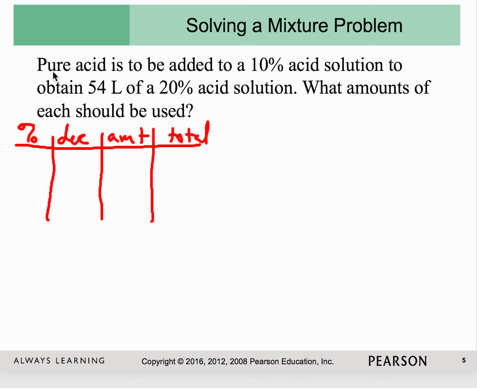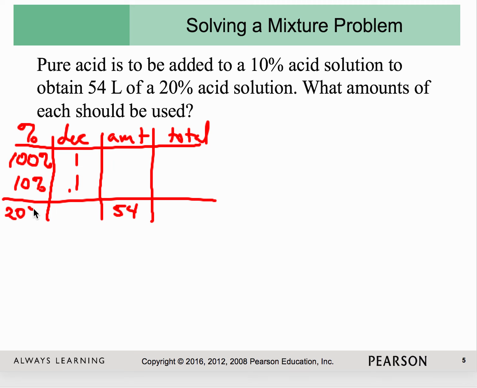If it's pure, what percent is that? Yeah, 100%. What is 100% as a decimal? 1. Okay, so I've got some pure acid, 100% acid, is going to be added to 10% acid. As a decimal, that's 0.1. To get, that's my bottom row, to get 54 liters of 20% acid. So that's 0.2.